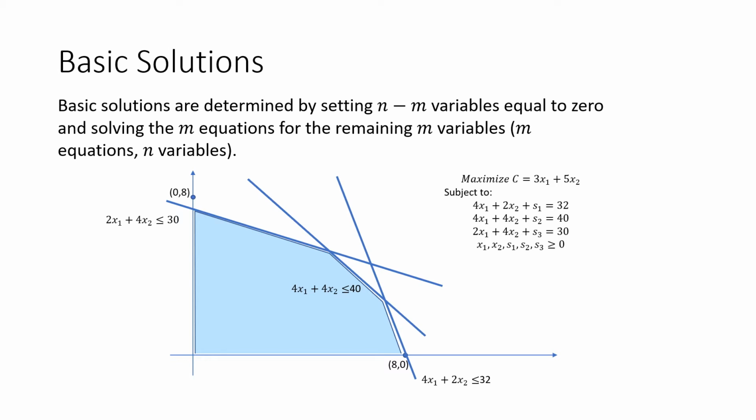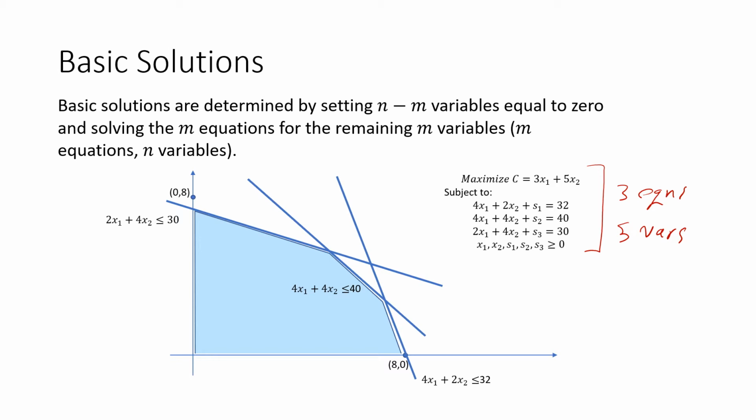So, for instance, in here, we have 3 equations and 5 variables, counting the slack variables. What we're going to do is set 2 variables equal to 0. Then what are we left with? We're left with 3 equations and 3 unknowns. If you recall from linear algebra class, we can solve that. So that's what we're doing.